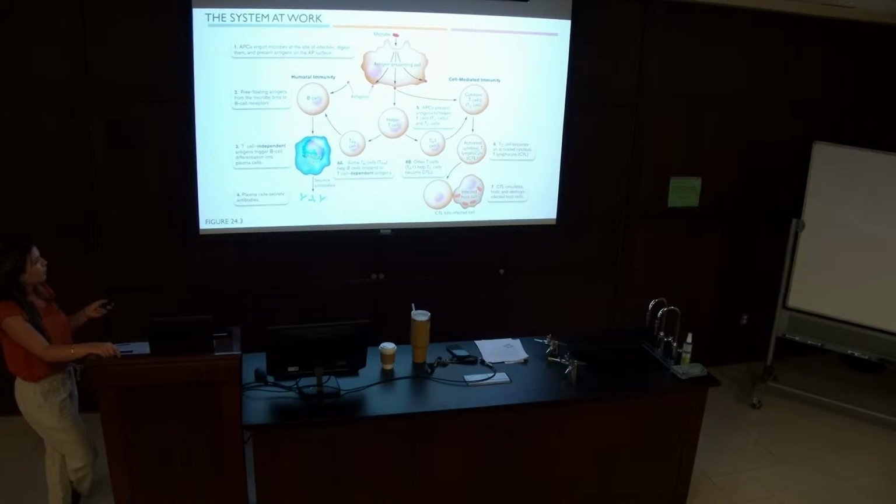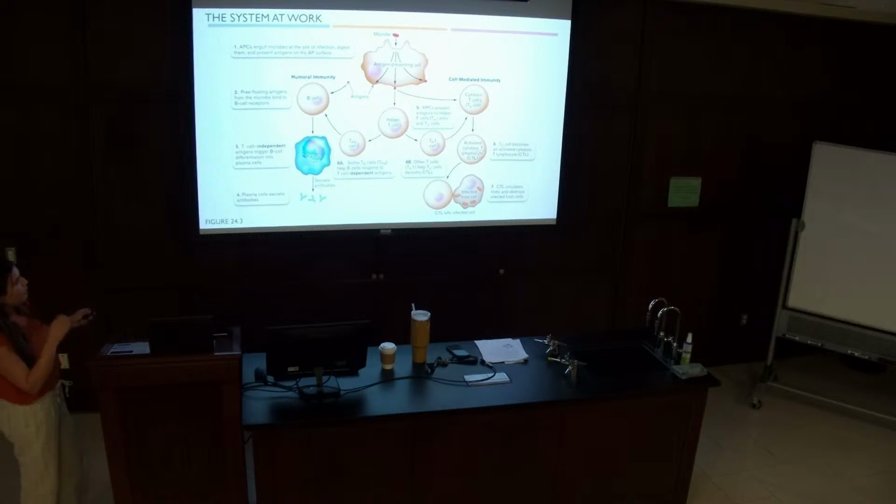antibodies. You can also have, independent of any B cells, the antigen presenting cell, so this macrophage, giving the antigen or presenting it to a cytotoxic T cell. So now we're entering just cell-mediated immunity.